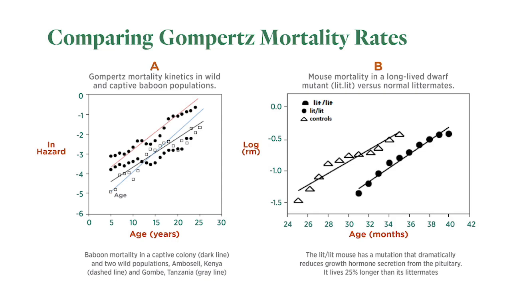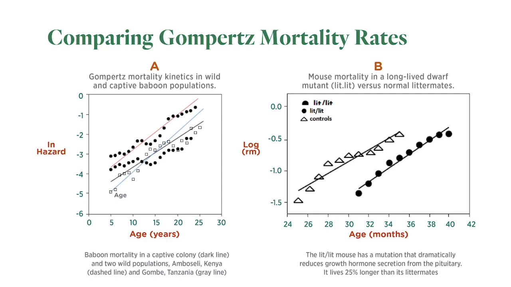However, the slope of these two curves is almost identical, with the Lit curve merely shifted to the right, which then, of course, leads to a change in the y-intercept. That means that the actual rate of aging between these two mice may be similar, and that the increased longevity observed in these long-lived Lit mice is merely due to the lowering of the extrinsic hazard function, which is, of course, the y-intercept.